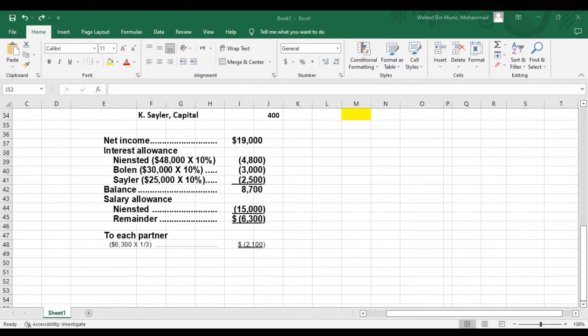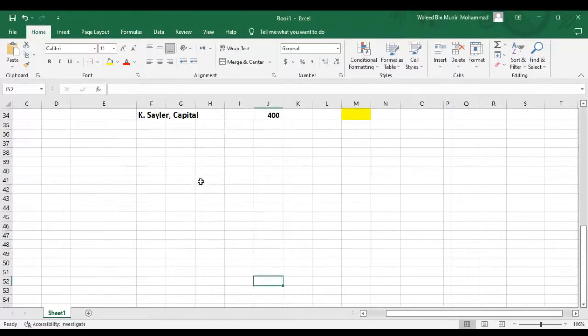Next one is the division of income. How much will they each get, right? It is the same thing again, in the form of a schedule. This is what we call a division of net income schedule.